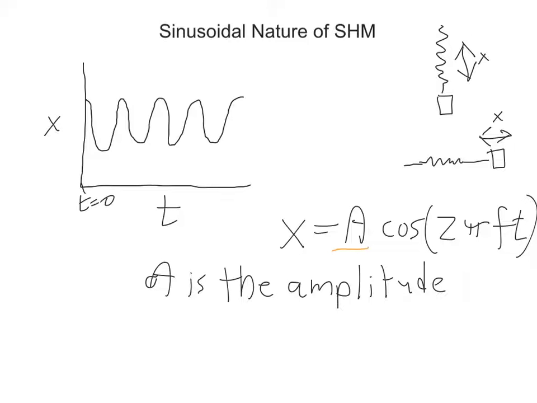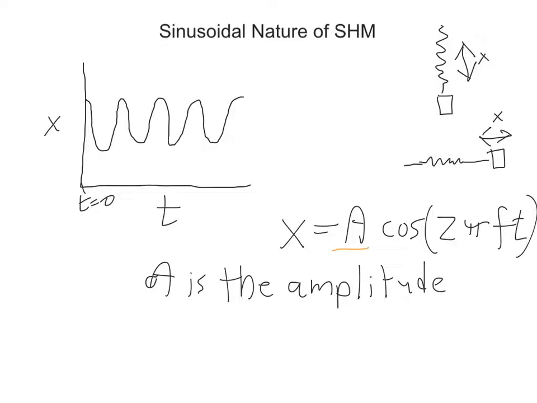If you plug in 0 for t in this expression, everything inside the cosine is 0, and the cosine of 0 is 1, which means the position at time equals 0 is the amplitude. That's why we use cosine instead of sine: we are assuming that initially, at t equals 0, the oscillator is released from rest at its point of amplitude.